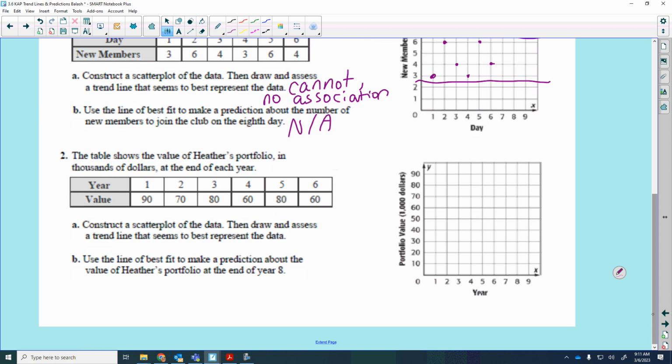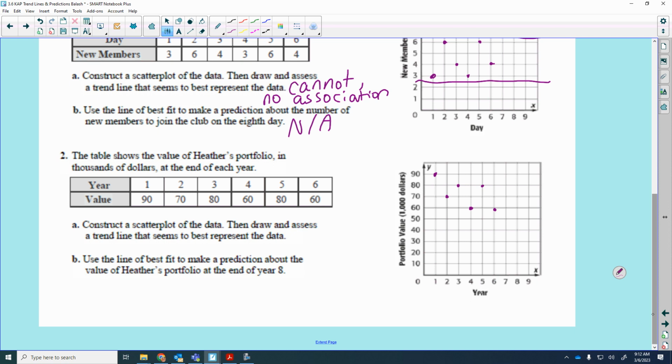It says the table shows the value of Heather's portfolio in thousands of dollars at the end of each year. So construct a scatter plot of the data. Let's do that first. Okay, what do you think about this one?